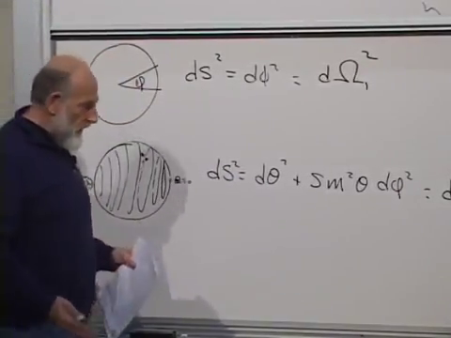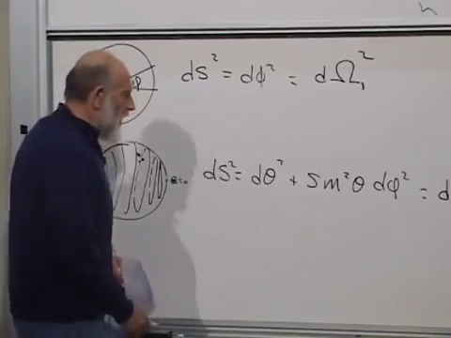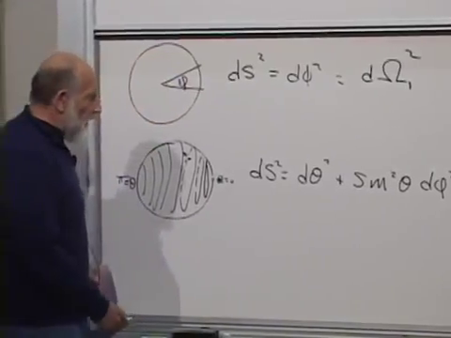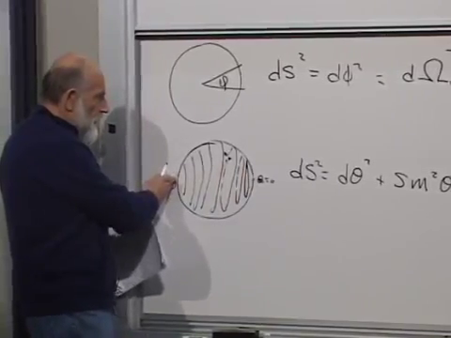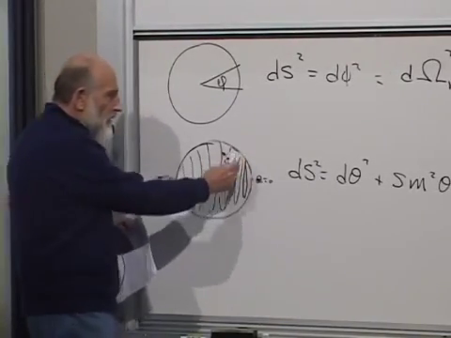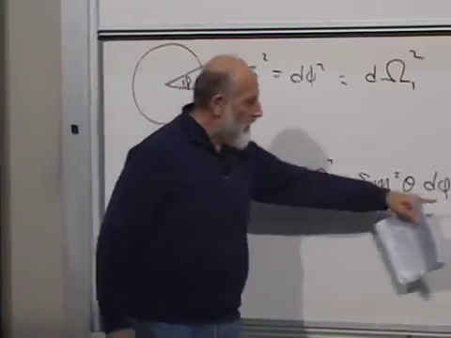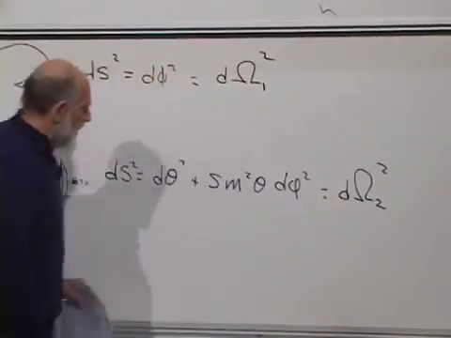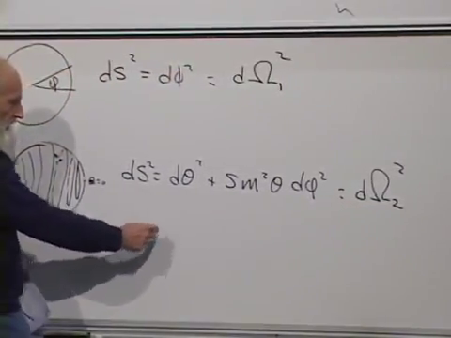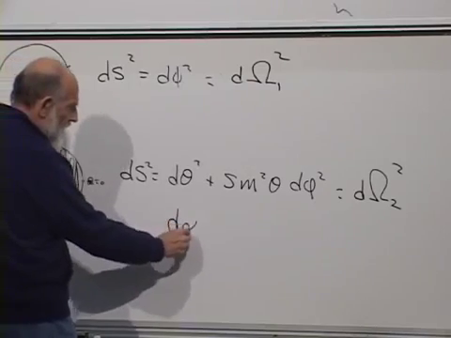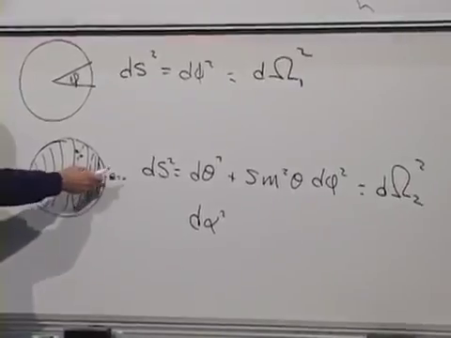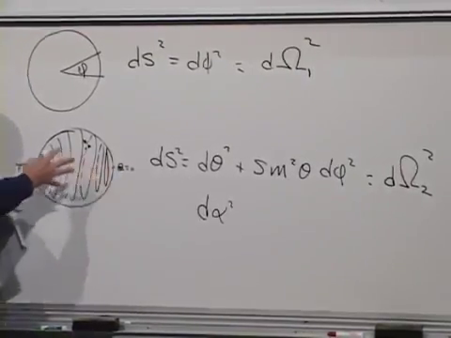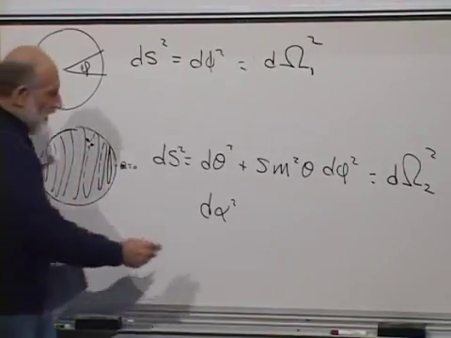All right, what about a three-sphere? Introduce another angle, and now I'm going to call the other angle alpha. Do exactly the same thing. Alpha varies from 0 to 2 pi, but at every point of alpha, we have a two-sphere. Right? So what's the metric? The metric is d alpha squared. Now, the radius of that two-sphere varies, again, increases and then decreases.